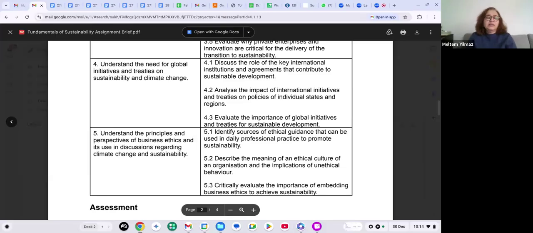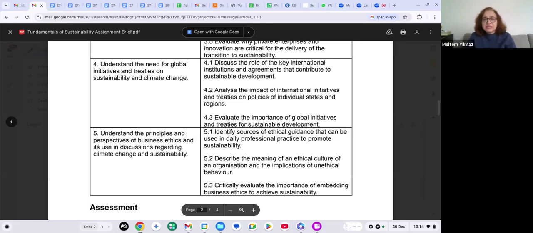The fifth and final learning outcome is to identify the principles and understand the perspective of business ethics and its use in discussions regarding climate change and sustainability.